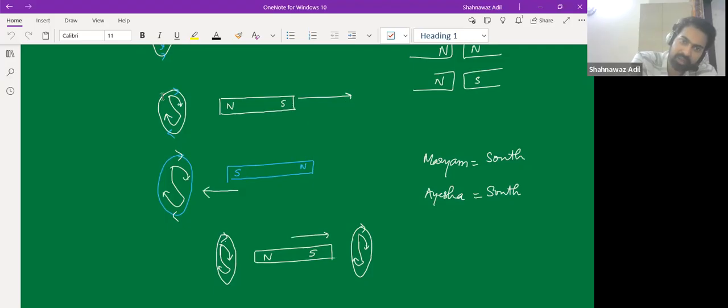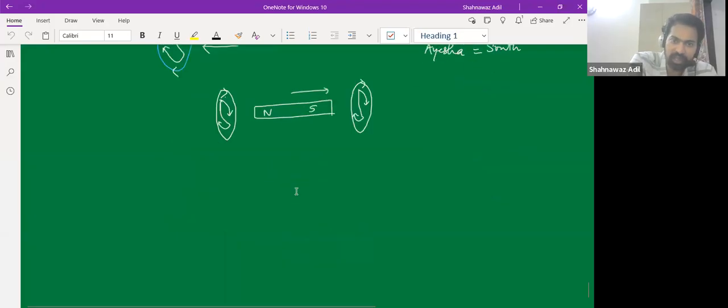Yes, attract. So this is north and south will attract. So that's why this direction would be the induced current. Understood? Yes. And similarly, if south is coming, then south will be created so that it will repel south. So this was the idea, right?